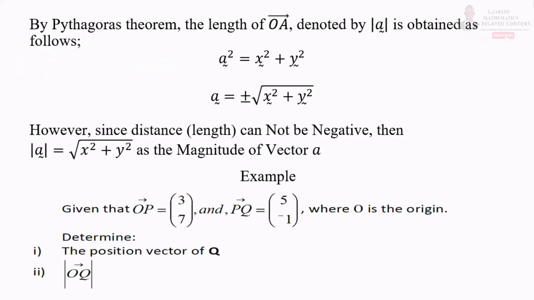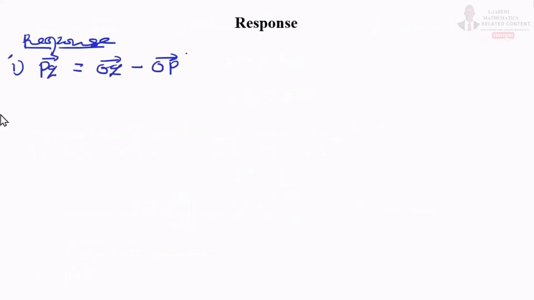From vector PQ, this is the same as vector OQ minus vector OP. Substituting, we've been given vector PQ as (5, -1).